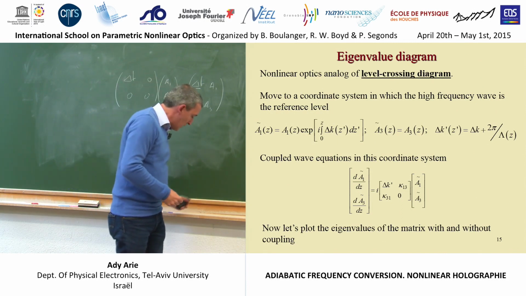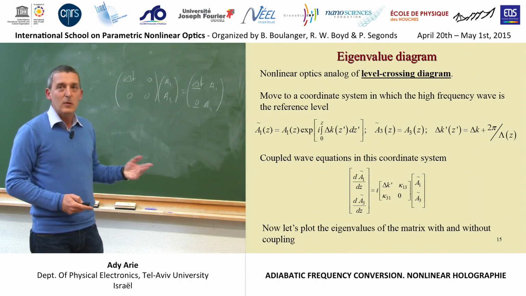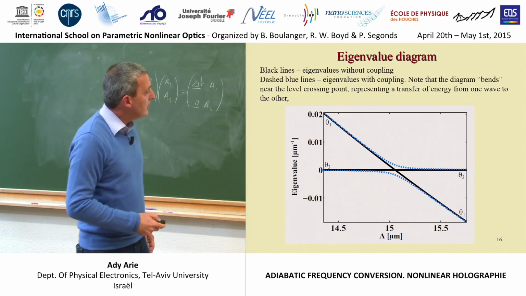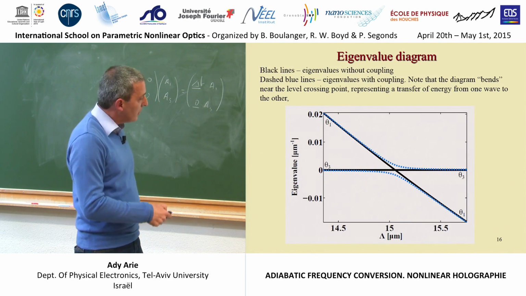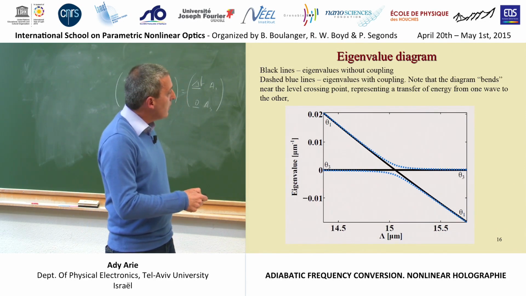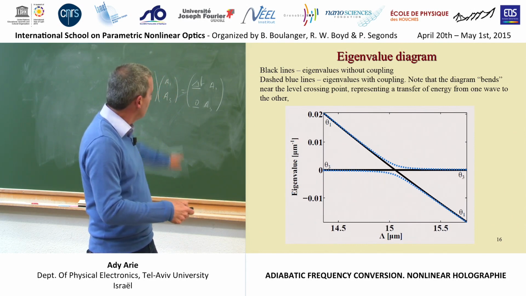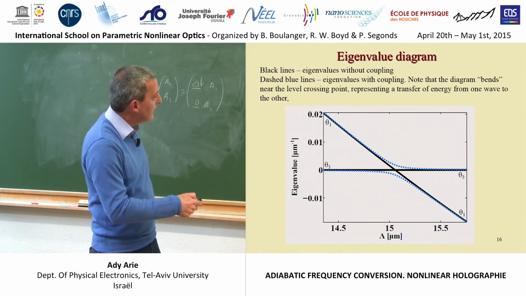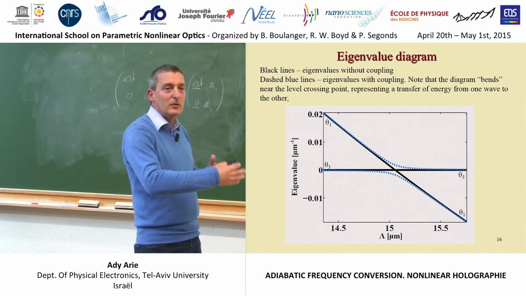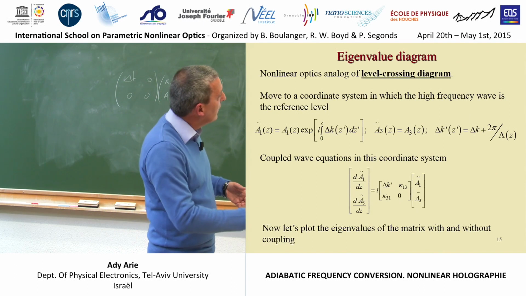Okay, so now let's draw the diagram in two cases: one when there is coupling, the other when there is no coupling. This is how it looks. What I'm doing is changing the period of the poling. When there is no coupling, one of them is 0, as I showed here, and the other one is just delta k, which changes almost linearly because I'm changing the period.